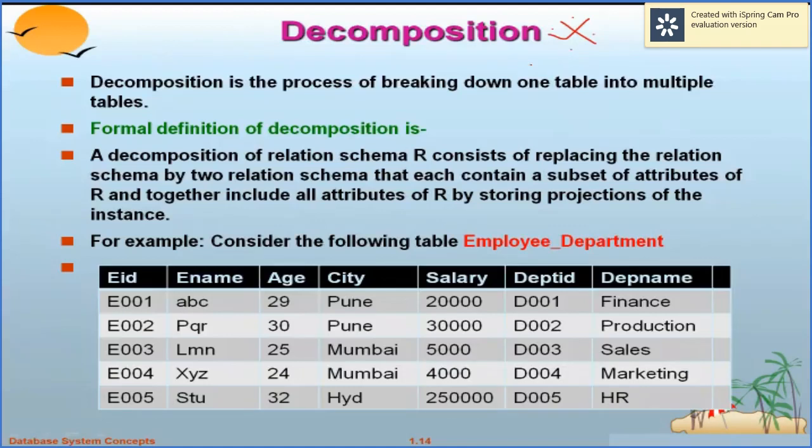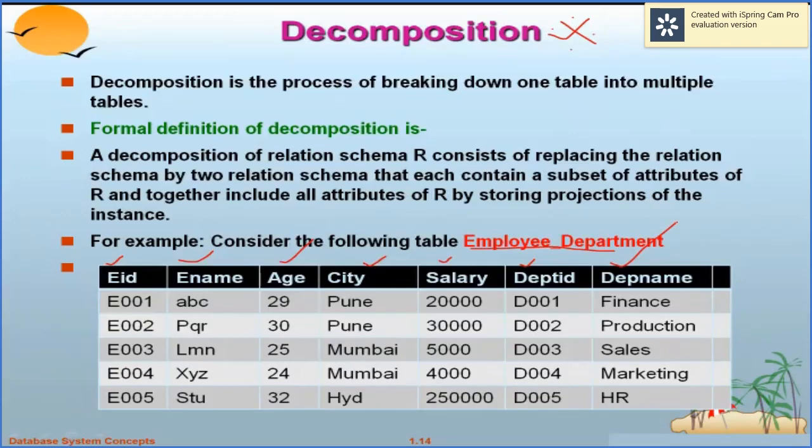Consider a table over here. Let me explain this with an example: Employee department. Look into this one. How many attributes am I carrying over here? This is employee ID, employee name, age, city, salary, department ID, and department name.